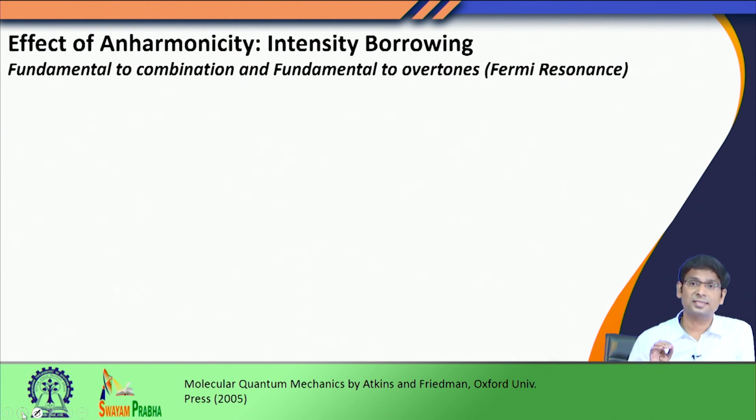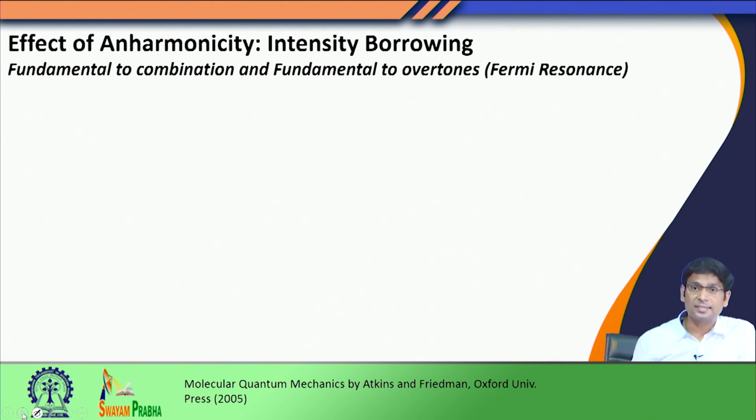That decoupling is strictly valid only when the harmonic approximation is valid. The moment we go beyond the harmonic approximation, that means we consider the higher order terms in the potential energy expansion, then these normal modes no longer are the true solution of the full potential. So, they would start interacting or interfering with each other.